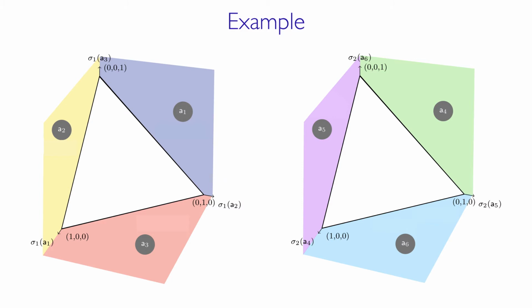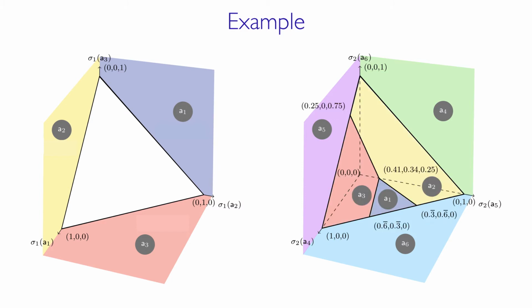Now, for the labeling, we consider the condition requiring that an action is a best response. Consider the simplex of player 2. We divide the simplex in terms of best response areas as usual. This means that, for instance, if the strategy of player 2 is in the red region, we have the label A3.